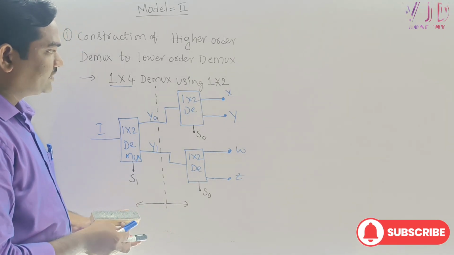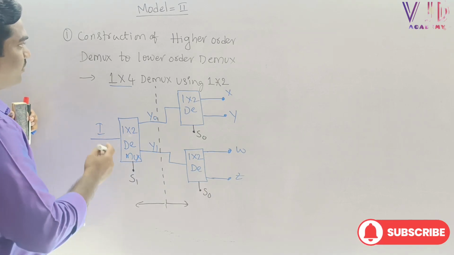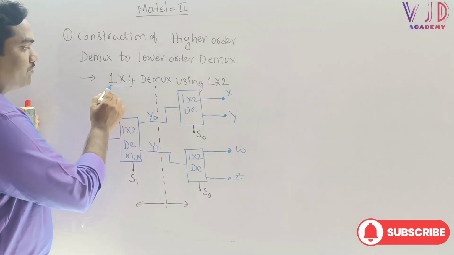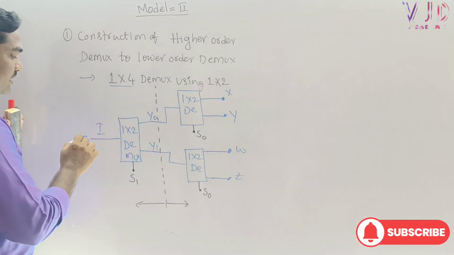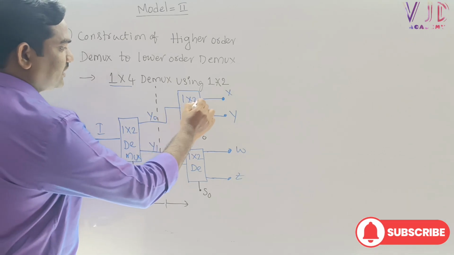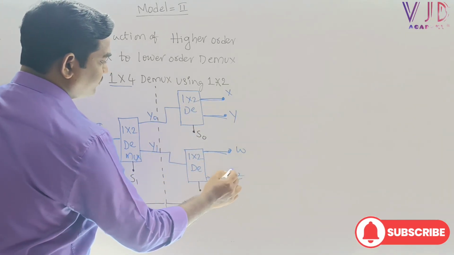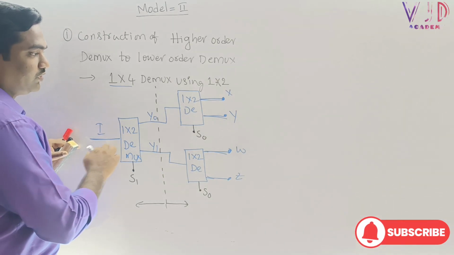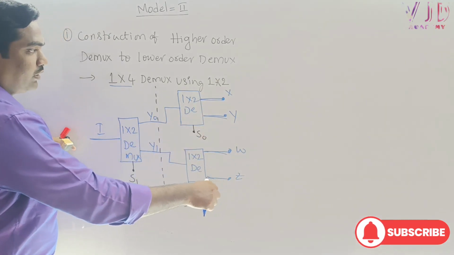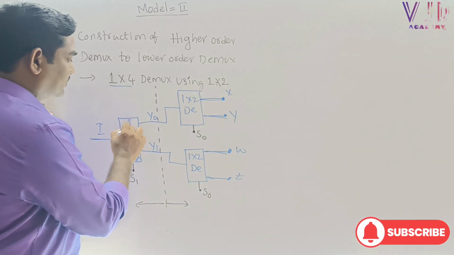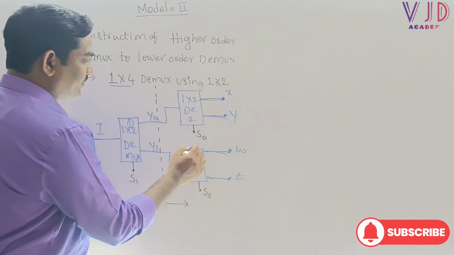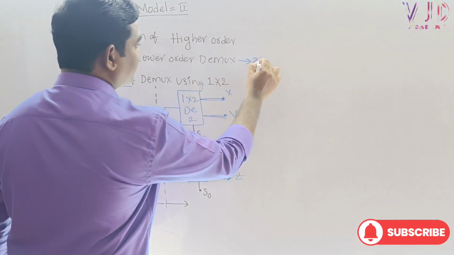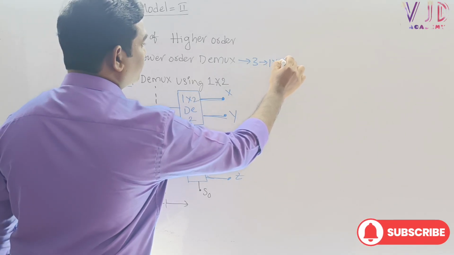Sir, can you please tell me how many 1 into 2 demultiplexers are needed to implement 1 into 4 demultiplexer? Here this is one input, and these are the 4 outputs. To implement this 1 into 4 demultiplexer, we need, here this is 1, 2 and 3. Total we required 3 1 into 2 demuxes.